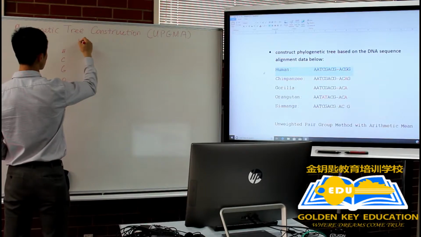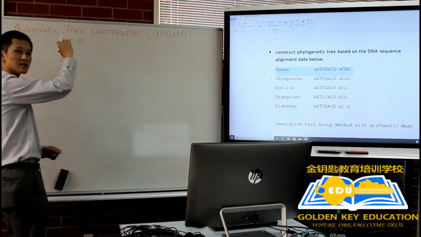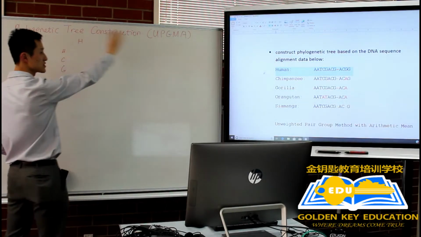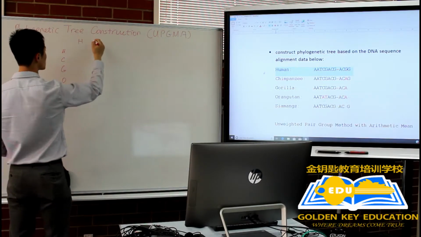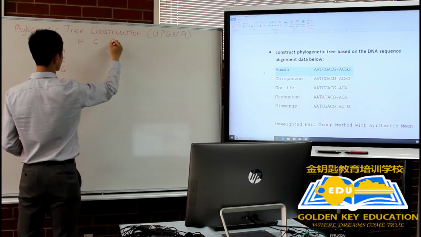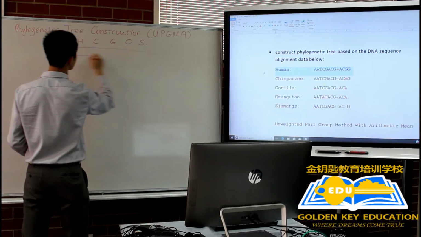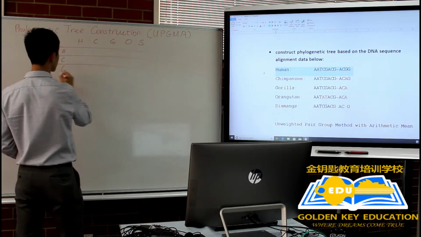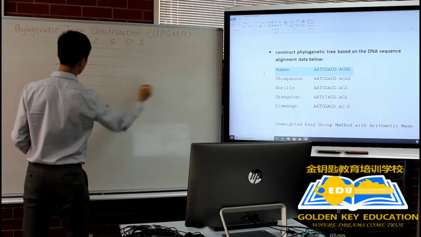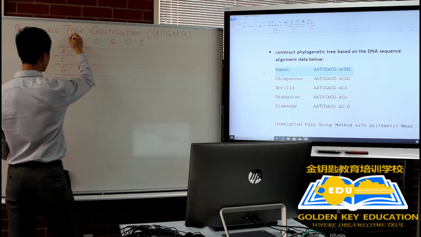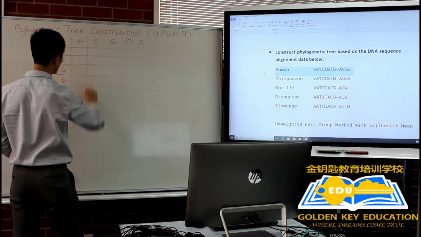So this is a matrix that annotates the differences between these five animals: human, chimpanzee, gorilla, orangutan, and siamang. And we're going to construct this difference matrix to represent their distance from one another.